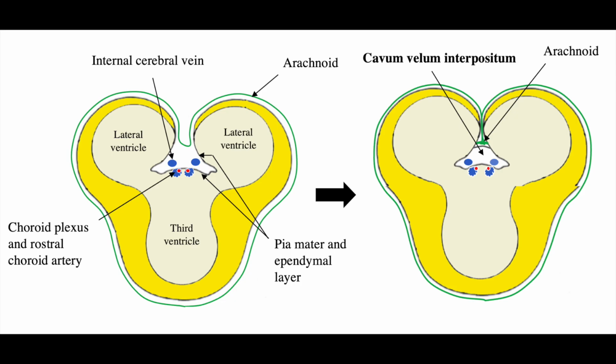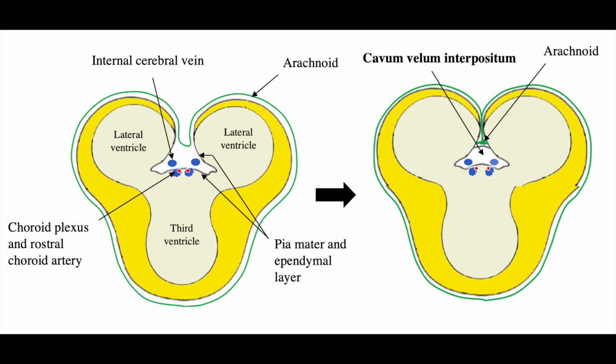And what do we have inside? We are going to have that is trapped in this cavity, as you see on the drawing on the right. You can see trapped in this cavity, we have the internal cerebral veins and the choroid plexus of the third ventricle with the rostral choroid artery. The rostral choroid artery is marked in red.